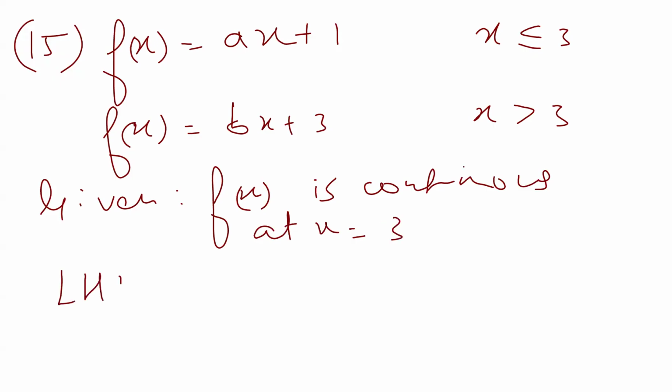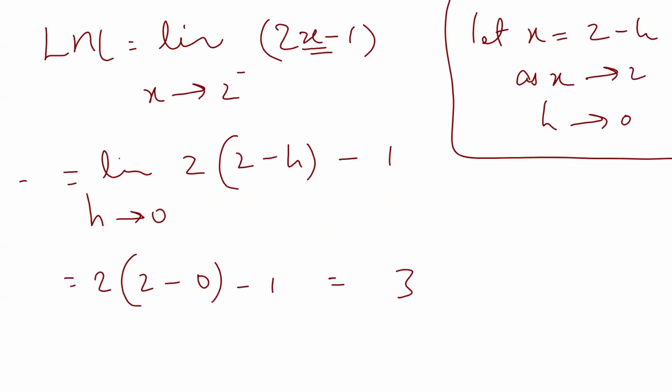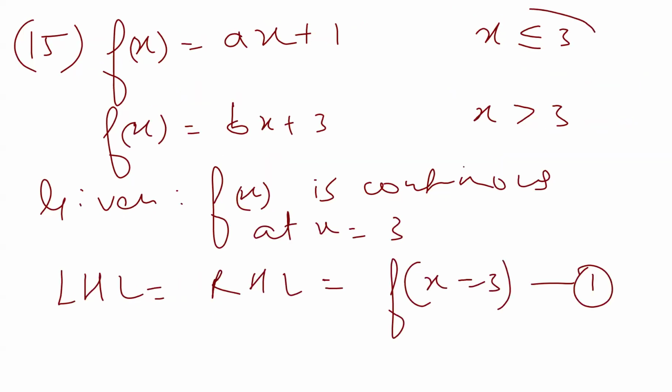Okay, so LHL at x equal to 3 should be equal to RHL at x equal to 3 is equal to f of x equal to 3. Fine. Equation number 1. So LHL, limit x approaching 3 minus. 3 minus is x less than 3.